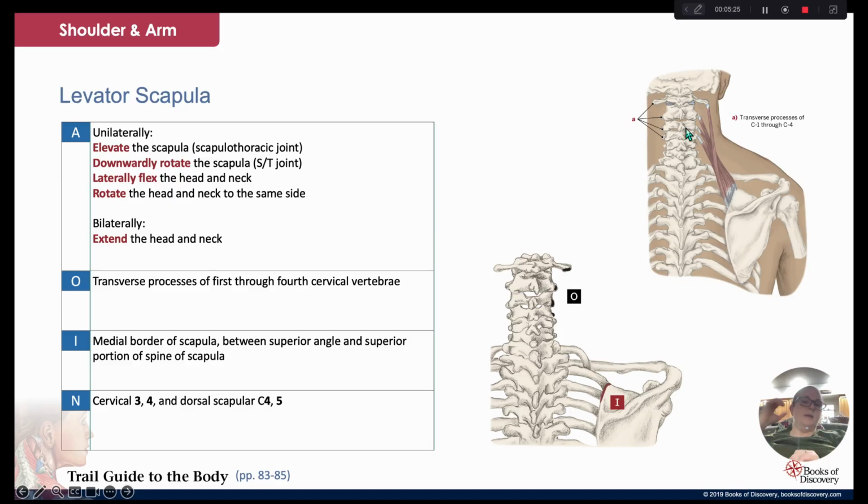So it originates up here, runs down again almost diagonally like the rhomboids in a way to attach onto that medial border, just a little bit of it here, and then that superior angle. That way it can pull that shoulder up, right?